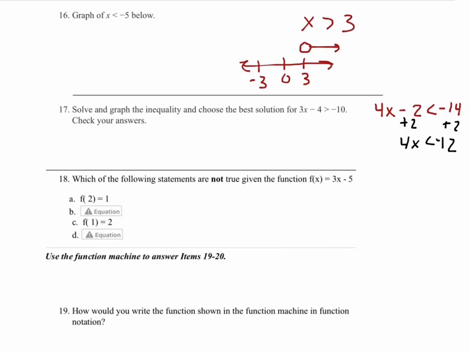I'm going to divide by 4. X is less than negative 3. So here, graphing, you're going to go, again, 0, 3, negative 3. Less than. Less than.